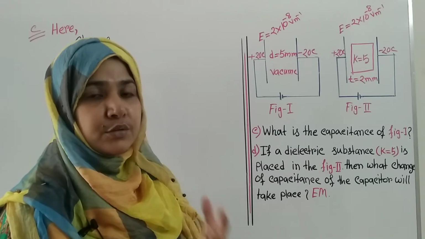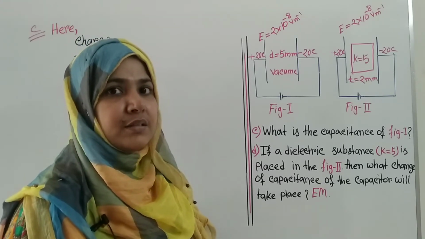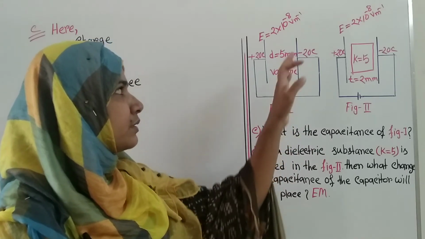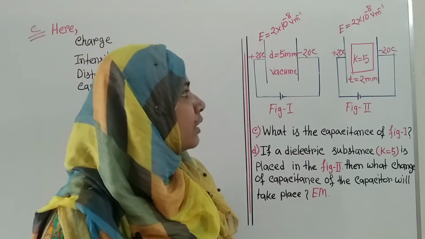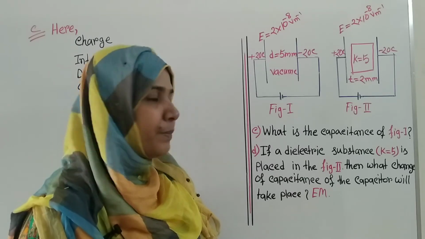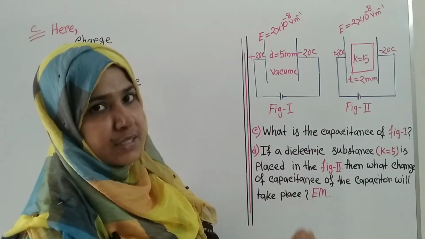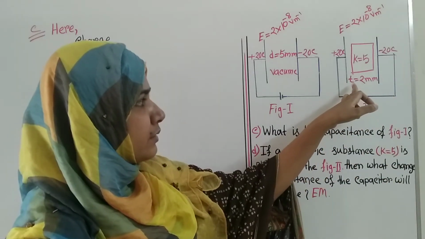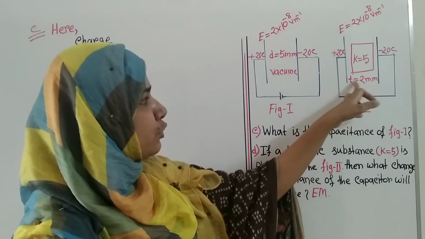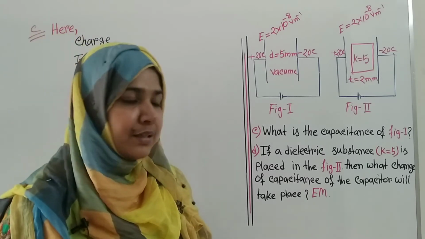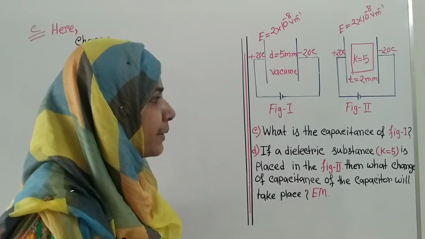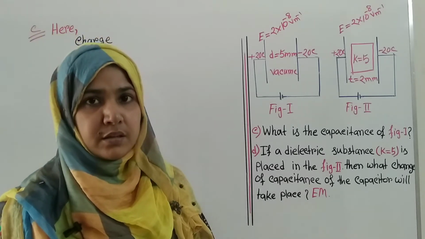You know that there are two units for electric intensity, one is Newton per coulomb and the other is volt per meter. And in figure 2, the distance between the two plates is 2 millimeter. Here they denote the distance between the two plates by T. Now in question C, the question is, what is the capacitance of figure 1?